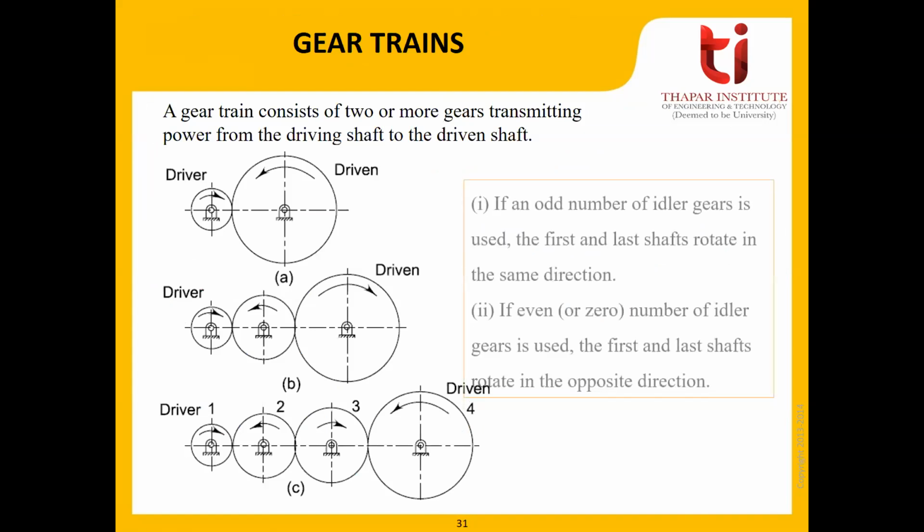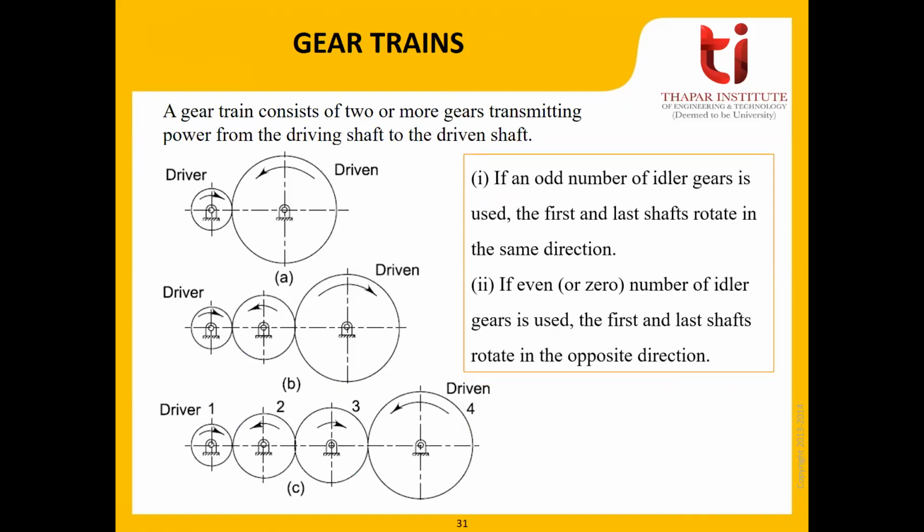Now gear trains. If there are two or more gears transmitting power from the driving shaft to the driven shaft, or you can say in the transmission we use more than two gears, then this system is known as a gear train.